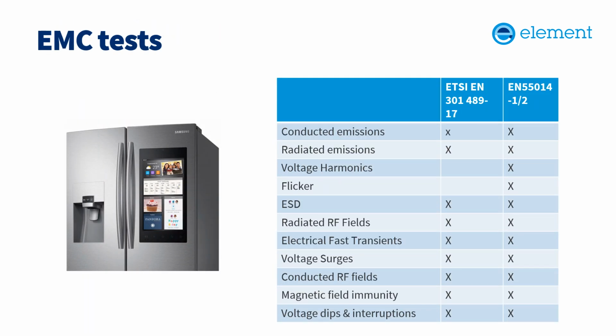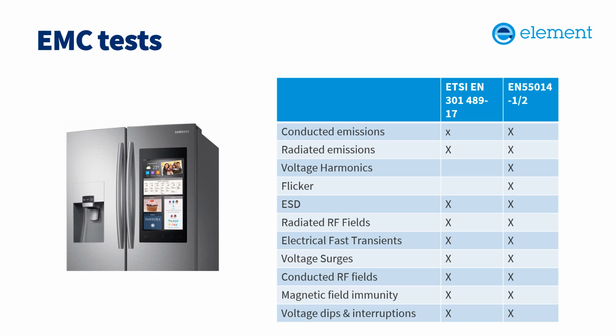Typically the EMC tests that we perform, again here if you took the example of a refrigerator for example, if this didn't have any radio device embedded in it, then the standard 55014-1, which is its emission standard, and -2 its immunity standard, would apply.